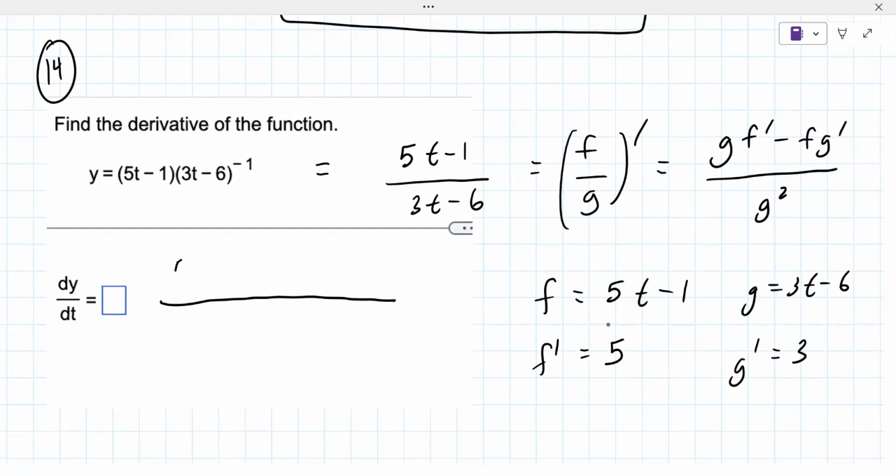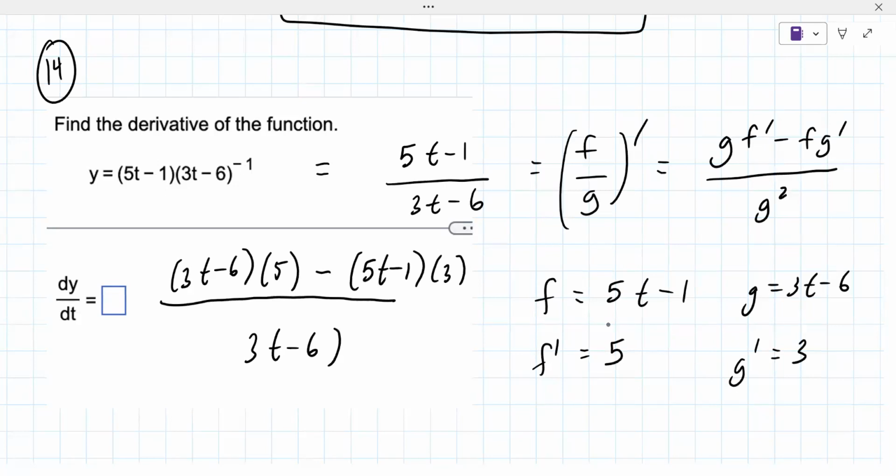So it's bottom, 3t minus 6, times 5, minus 5t minus 1 times 3, all over the bottom squared. Just take your time entering that. It's very important that you get all that in there.